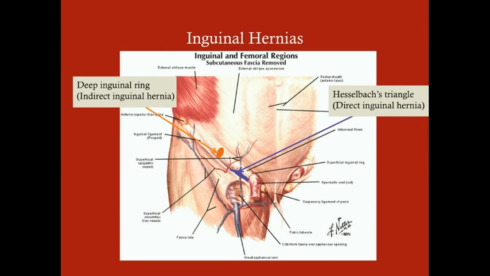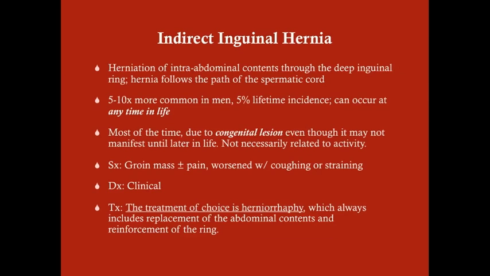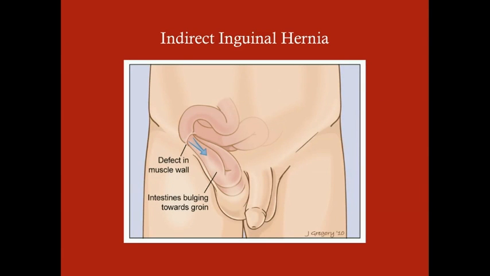Right here, this relatively small flat area is where you would have contents of your abdomen pouring out in a direct inguinal hernia. If you note, this area is much smaller than Hesselbach's triangle. Hesselbach's triangle is a lot bigger than this little tiny ring.